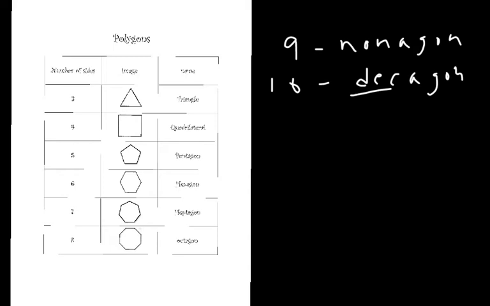There are names for some of the others when you get higher. Your book has dodecagon for 12 sides, but once you get above 10, you can say, if I have an 11-sided figure, I'm going to call that an 11gon. If I have a 12-sided figure, even though it has a formal name of dodecagon, you can call it a 12gon.